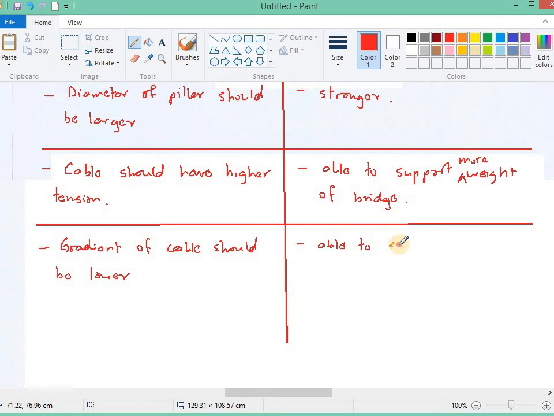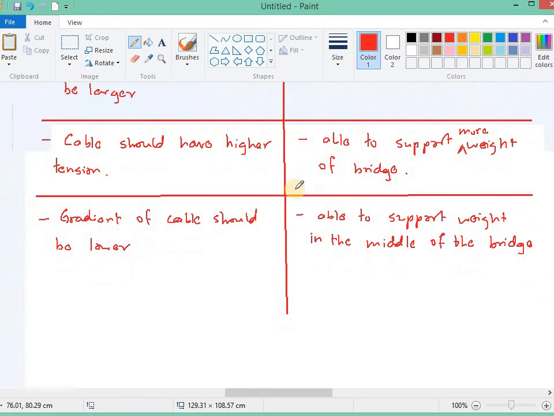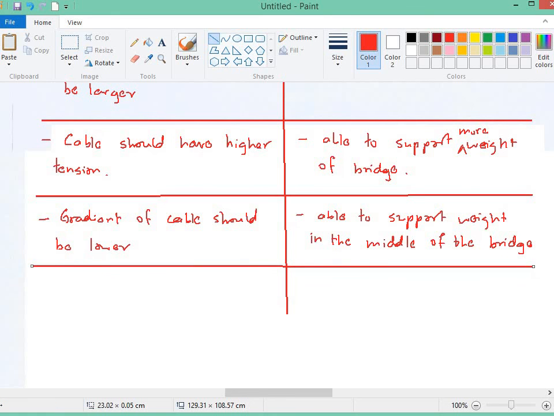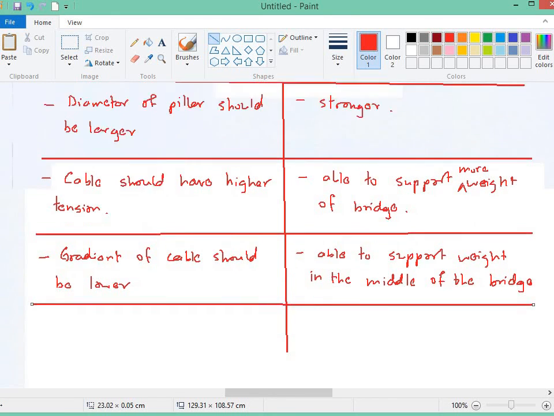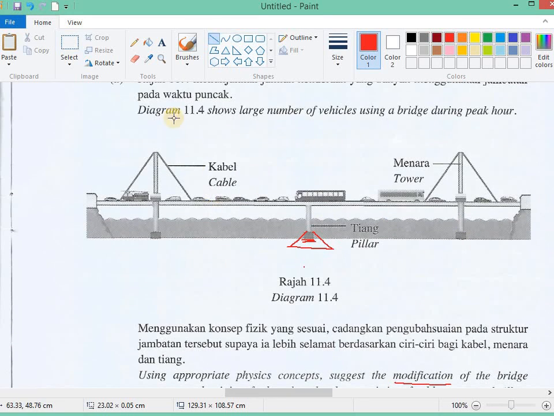Able to support weight in the middle of the bridge. That means like this, for example, here, you see there is no pillar here, right?